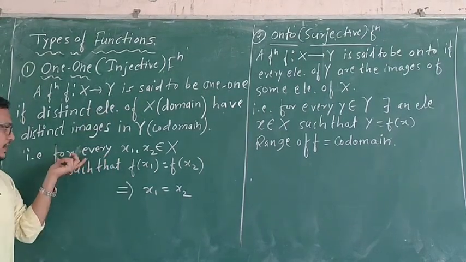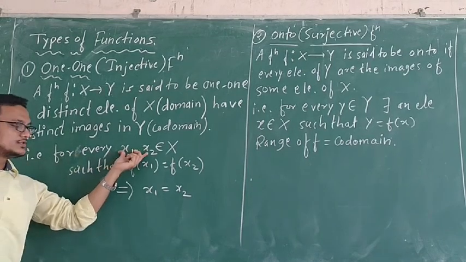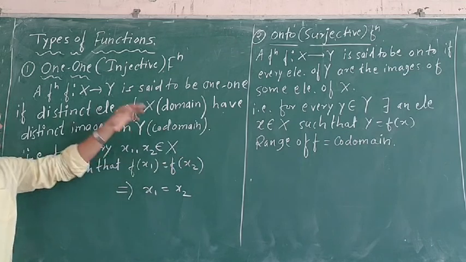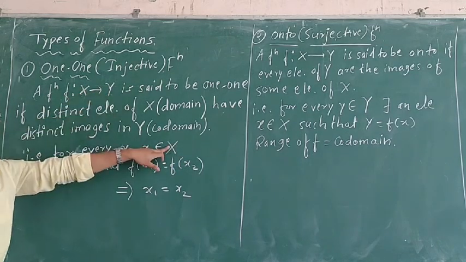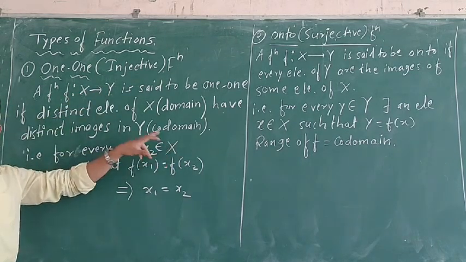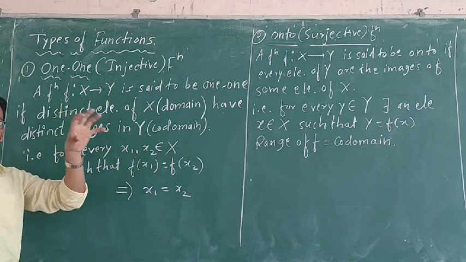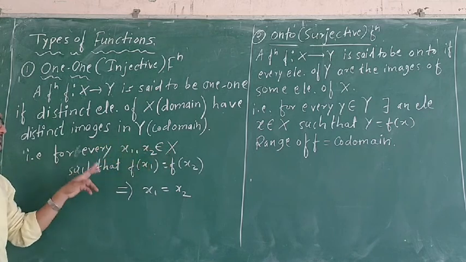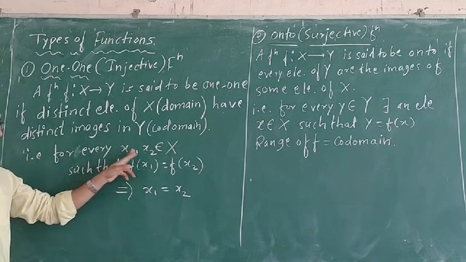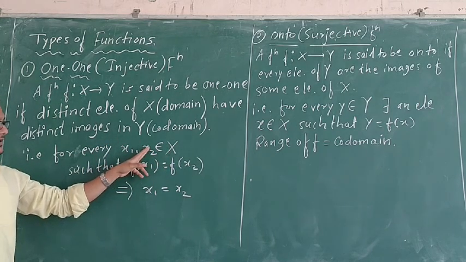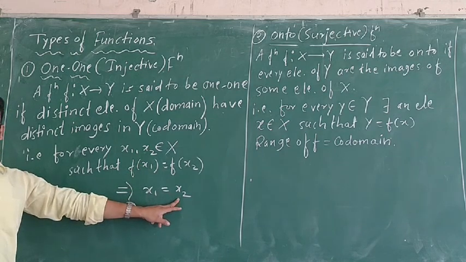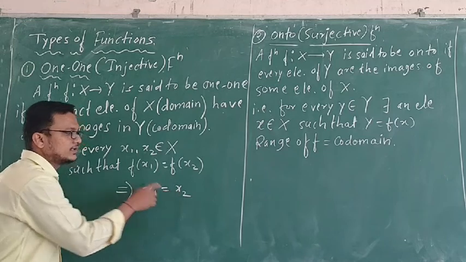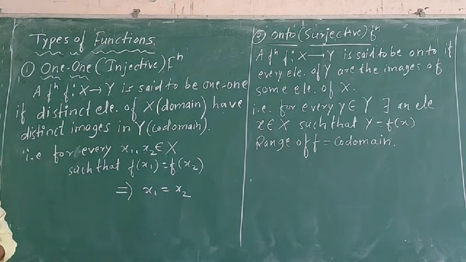How to apply it? We have to choose two elements from x. Here x is the domain. The mapping is x to y, so I am taking x here, but basically it is the domain. So whichever domain is there in the mapping, you have to mention it here. So x1, x2 belong to the domain such that f of x1 is equal to f of x2, and that should imply x1 is equal to x2. Then only the function is one-one. Suppose this is not so, then you have to conclude that the function is not one-one.